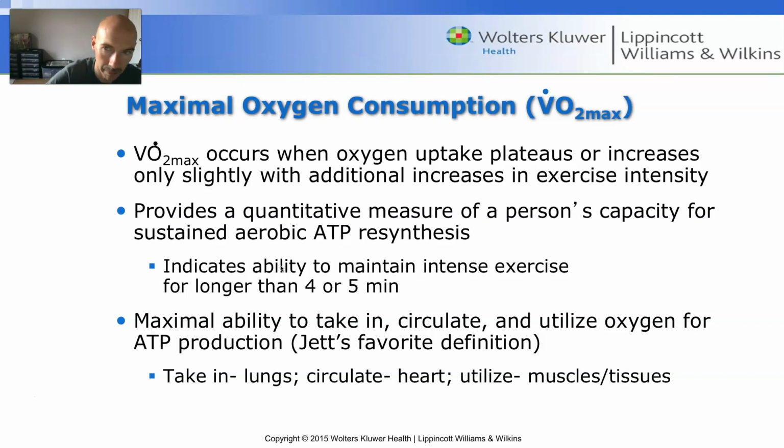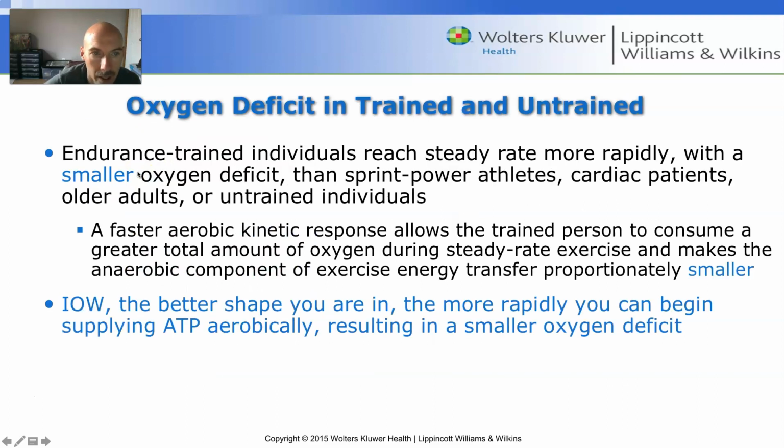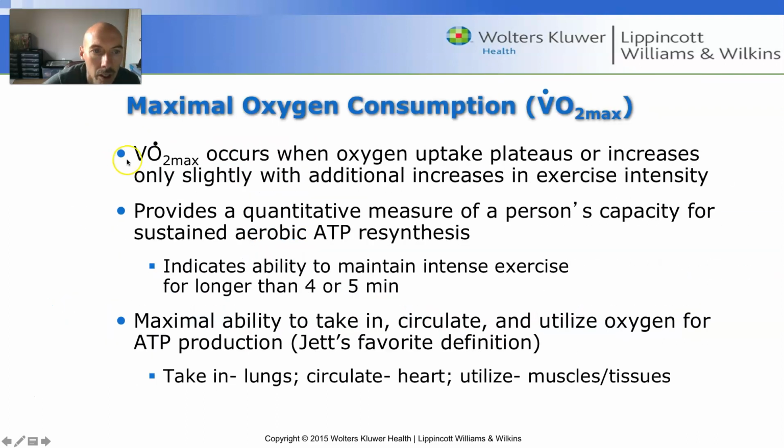But what does this mean? VO2, so the O stands for oxygen, and the V stands for consumption. So the consumption of oxygen at a maximal level, which is where we get VO2 max, or maximal oxygen consumption, okay?